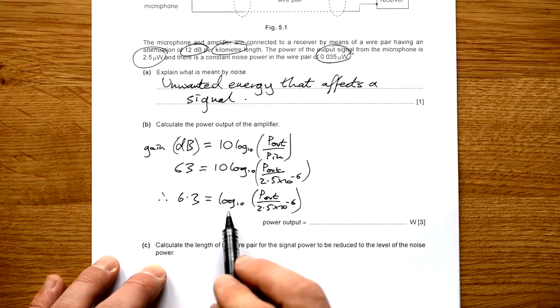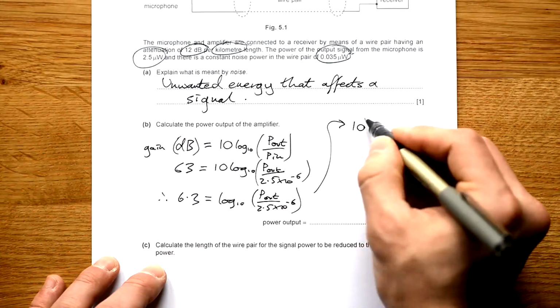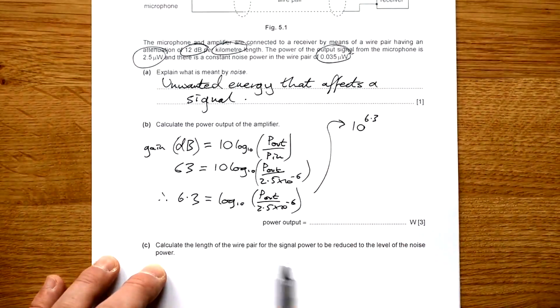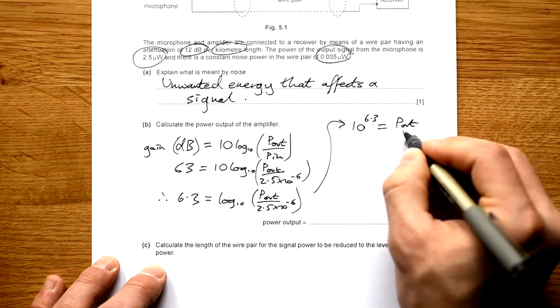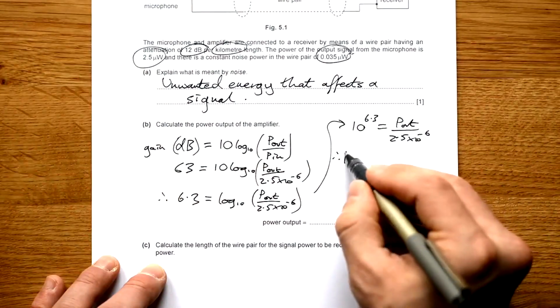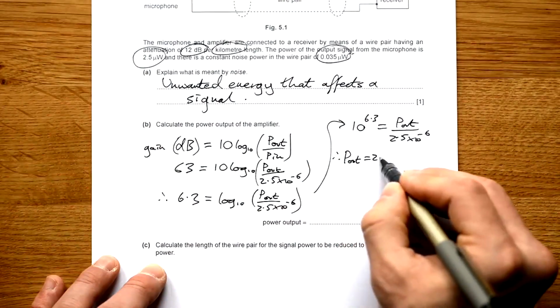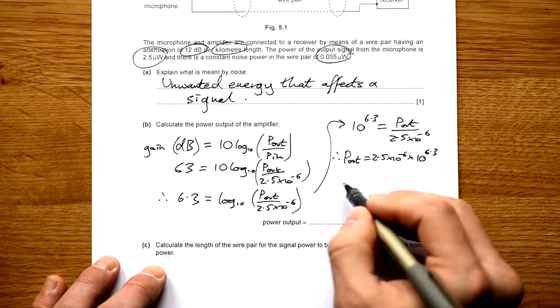In order to undo a log to the base 10, we need to do 10 to the power of that number. So 10 to the power of 6.3 will give us power out divided by 2.5 times 10 to the minus 6. Therefore, power out is equal to 2.5 times 10 to the minus 6 times 10 to the 6.3.